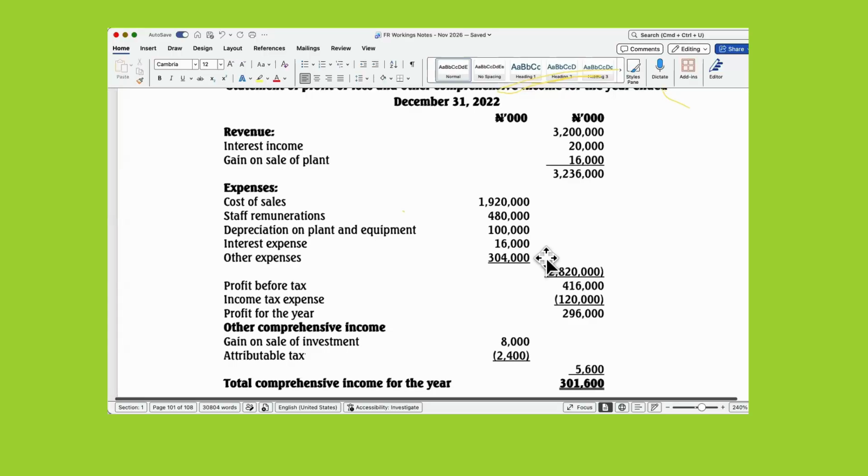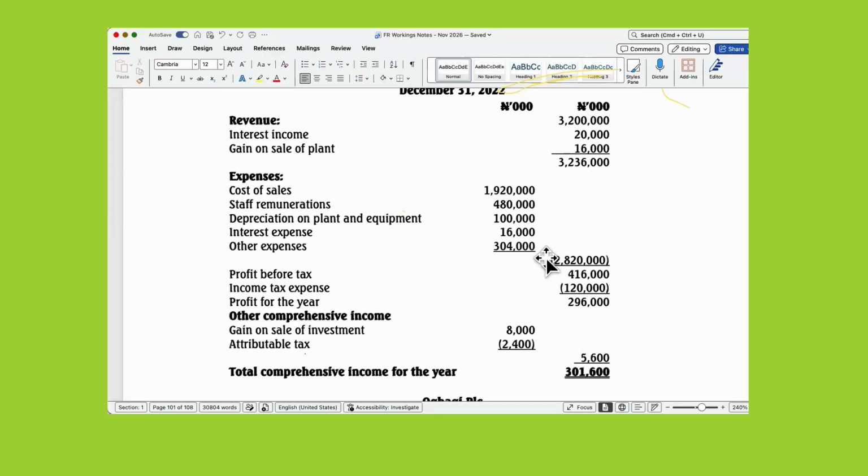Again, this is 304,000. What I need here is cash paid. Just like Shola did, is there anybody that can tell me out of this 304, how much of it was actually paid in cash? How do we figure that out?